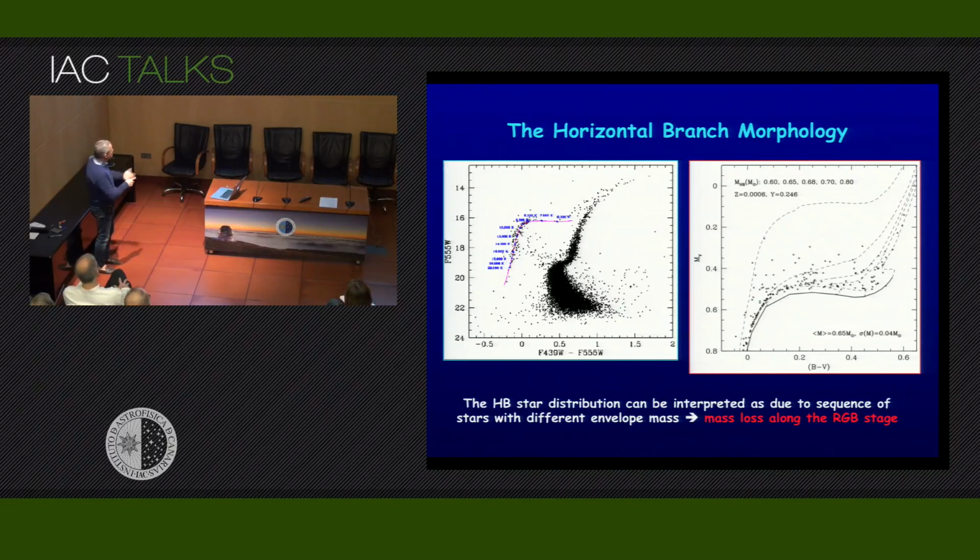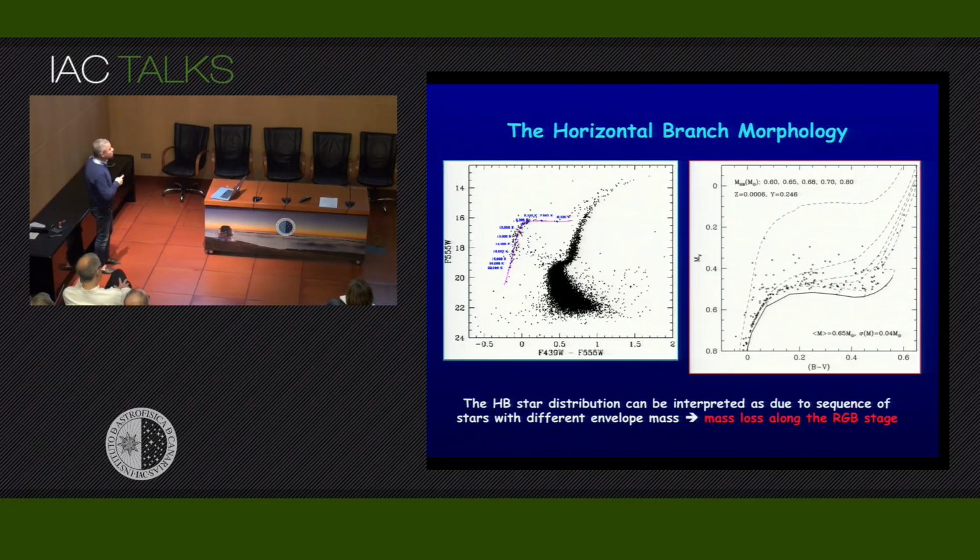In principle, as I already mentioned before, the distribution in color of horizontal branch stars has been considered an evolutionary sequence of stars having the same helium core mass but different envelope mass, as a consequence of different efficiency of mass loss along the red giant branch. These are evolutionary sequences, horizontal branch models, for different assumptions about the envelope mass. The envelope mass is decreasing when moving from the red side to the blue side of the horizontal branch.